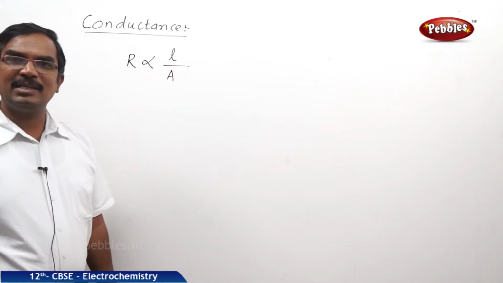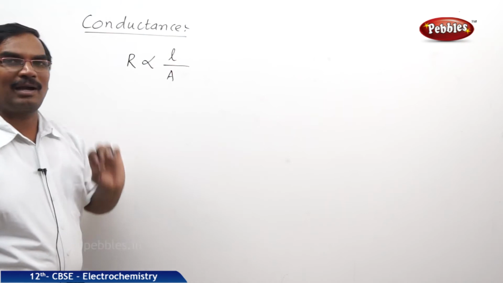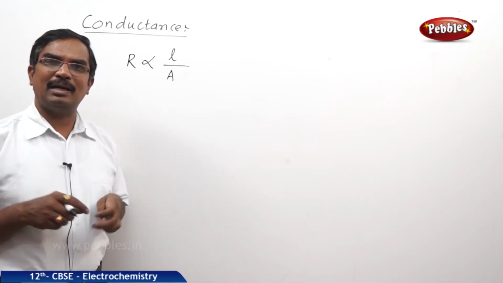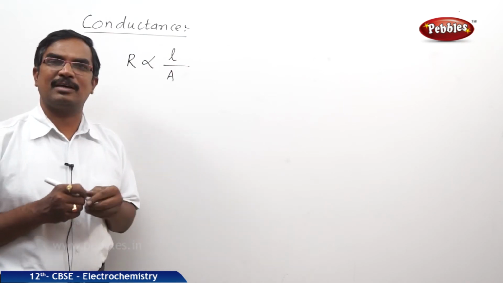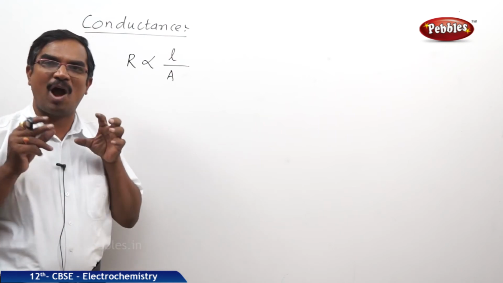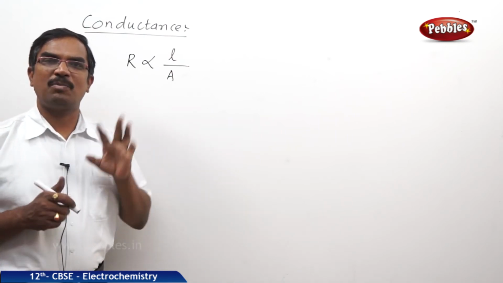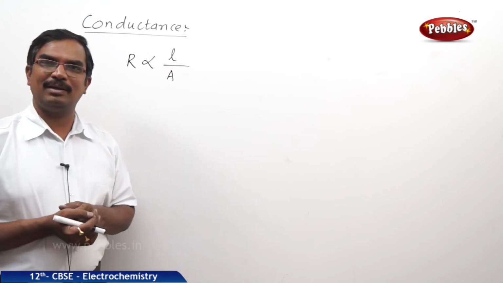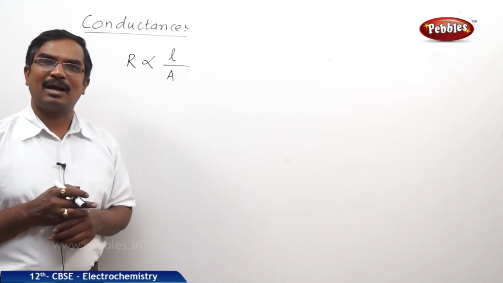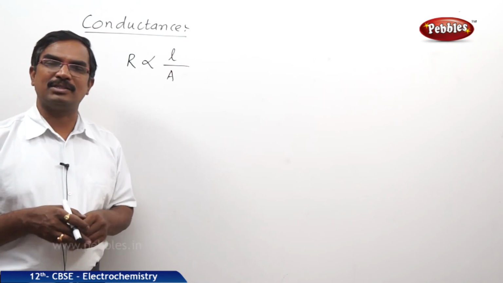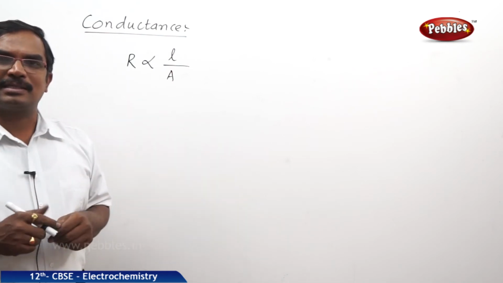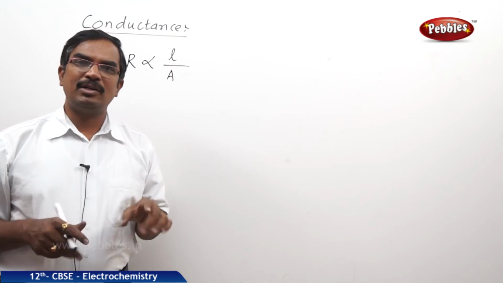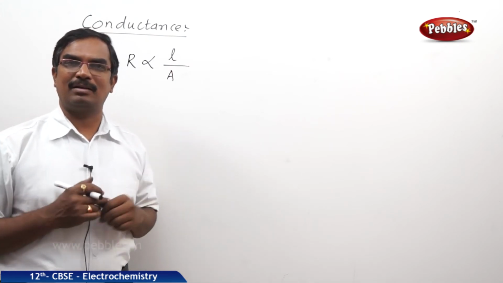Basically, in order to get this conductance, we cannot directly attach the electrolyte compound to the electrodes because it won't perform any conductivity. So in order to have conductivity or conductance, we have to place the electrolyte in a suitable solvent.